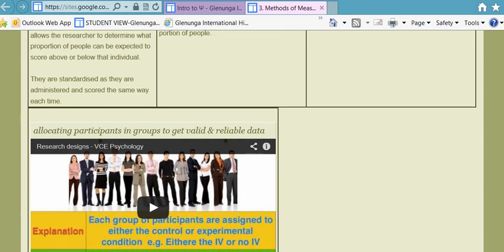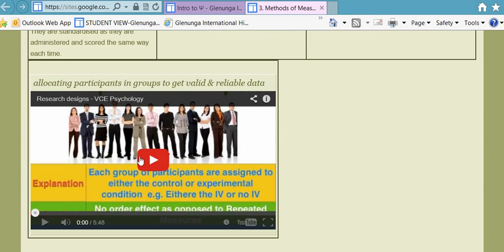I want you to remember that on this page I chose to put that video we watched earlier, and that's a good idea on how we allocate people to get data.